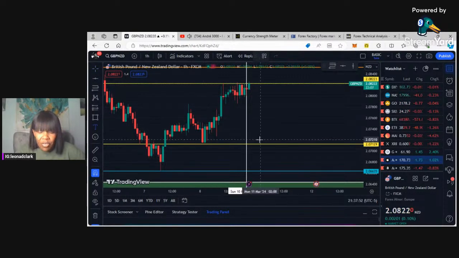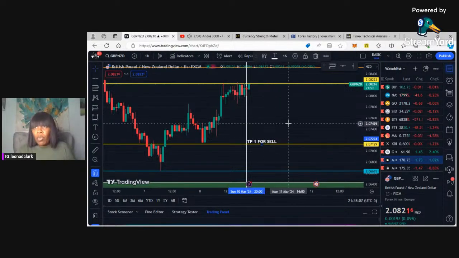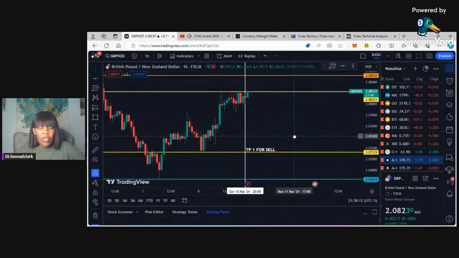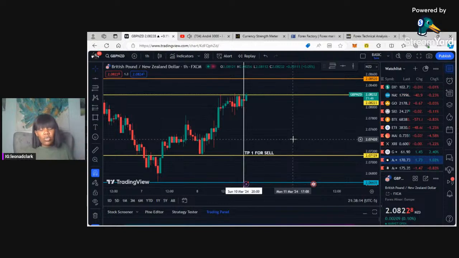Again, for my people who are brand new to trading, please trade the trend. So if it doesn't say sell, don't try to trade a sell. If everything says everything is trending in an upward movement, focus on the buy. But if it shows a sell, then yes, you take it for the sell.